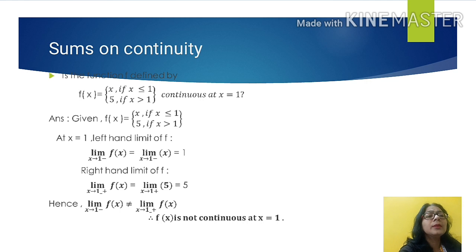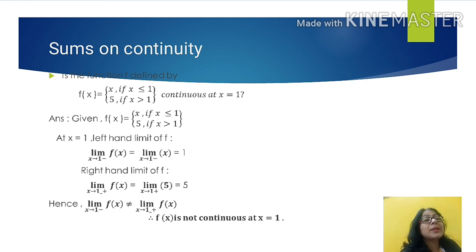The first function given is f(x) equal to x for x less than or equal to 1, and that one we have to consider. So the limit as x tends to 1 minus of f(x), the left hand limit, is equal to the limit as x tends to 1 minus, in place of f(x) we can put x, the first function, and the value of 1 we put in place of x, so it is equal to 1.